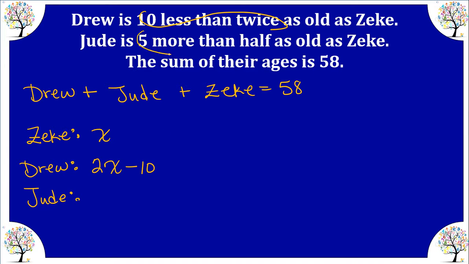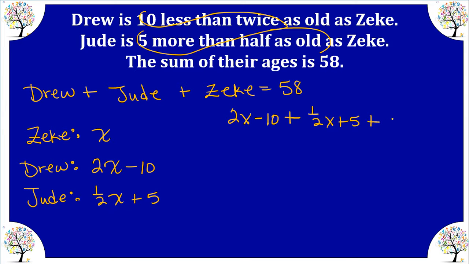Jude is 5 more than half as old as Zeke. So half of Zeke plus 5. Now we have our formula and our expressions. We're going to substitute. So Drew is 2x minus 10, plus Jude, which is 1/2 x plus 5, plus Zeke, which is x, equals 58.